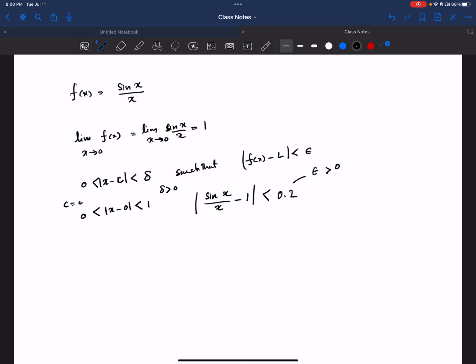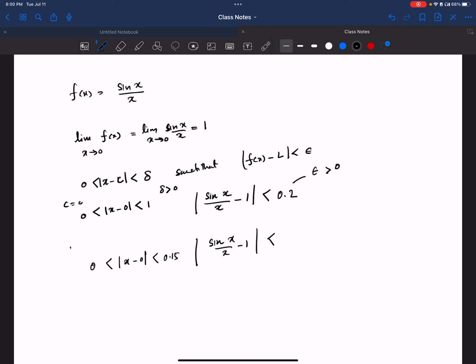Okay, and then you can find again some other value, let's say 0.15. Then we can see that sine x over x minus 1, we need to see whether it yields a positive value, right?